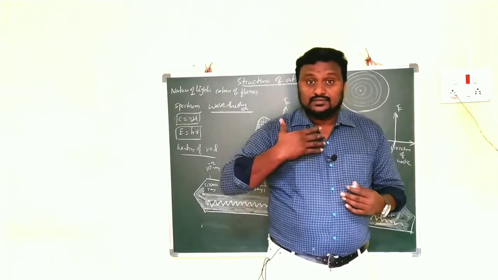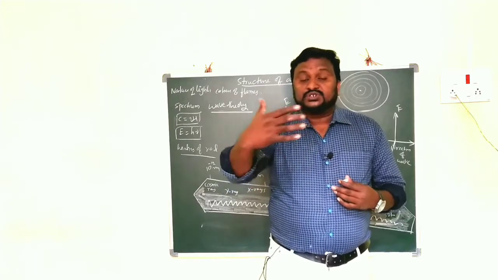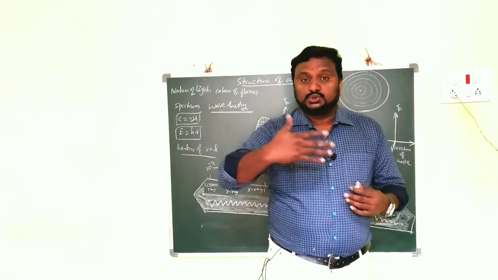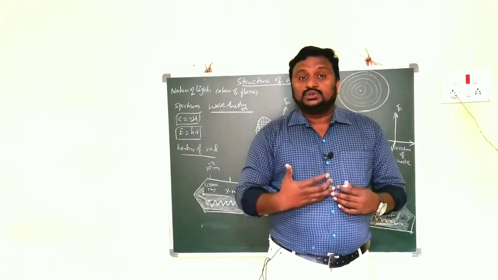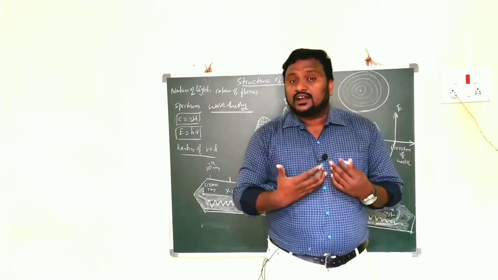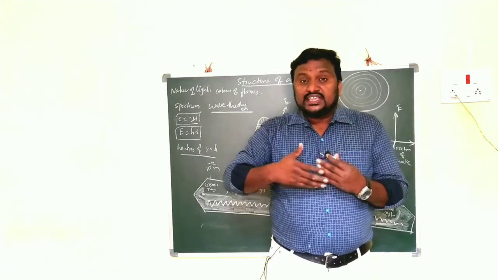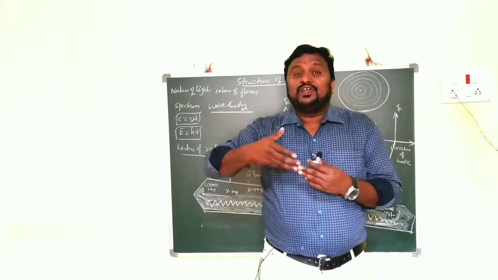That means like this: the light consists of some charged particles, and these charged particles move like this, to and fro. Due to that, some changes occur in the electric charge, and due to the change in electric charge, a magnetic field will be developed.